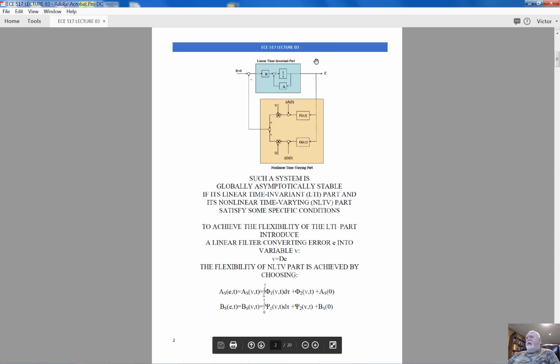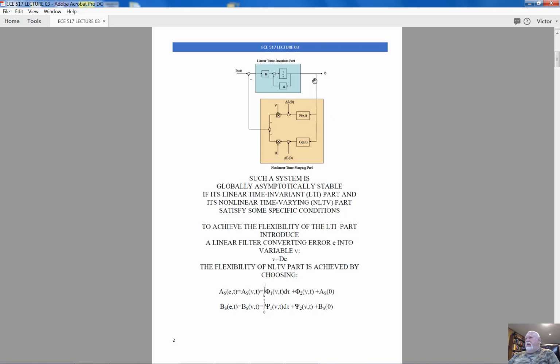What we have is effectively represented by this configuration. We have a linear time invariant forward path. The controlled variable is E, the error.